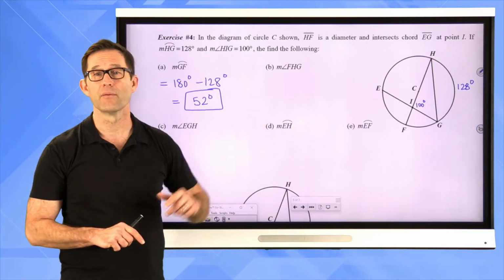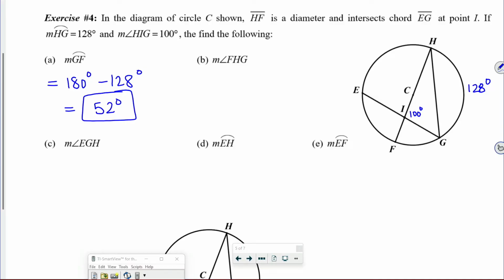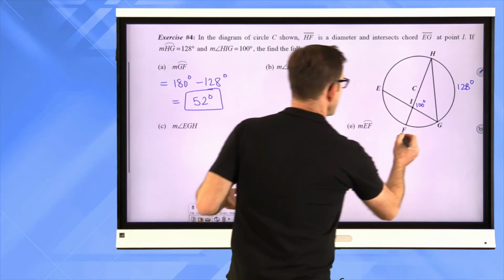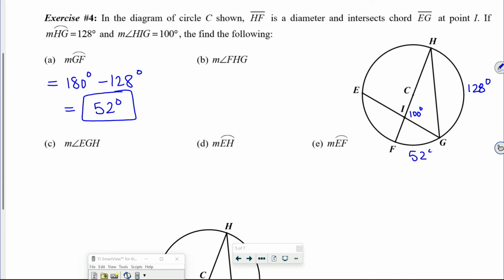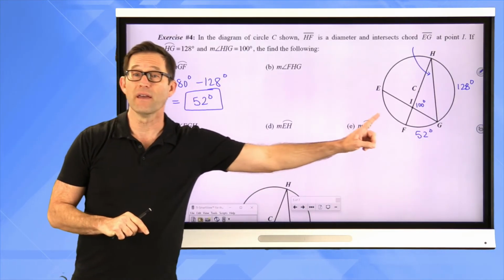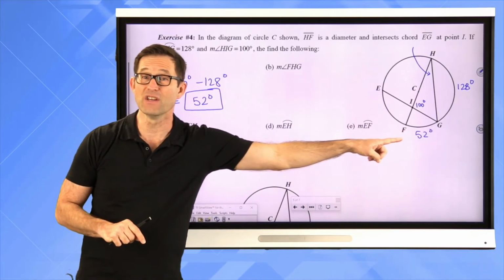Now let's take a look at letter B. The measure of FHG. All right, so here we finally get to use our theorem. Now, given that I've already found that GF is 52, I'm looking for that inscribed angle, and that inscribed angle intercepts arc GF, right?